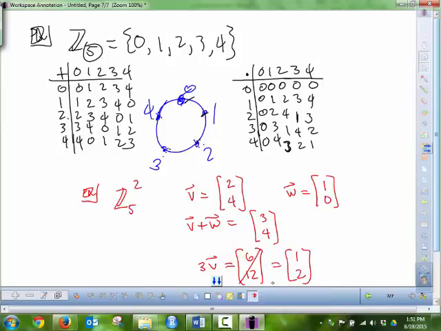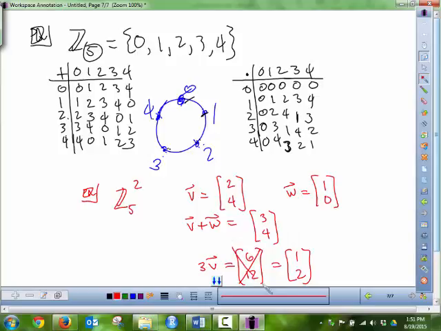So it's not 6, 12, although you probably want to think 6, 12 to help you figure it out. But since you're in Z5, you need to stick with the numbers that are in Z5, which is 0, 1, 2, 3, and 4. Okay?